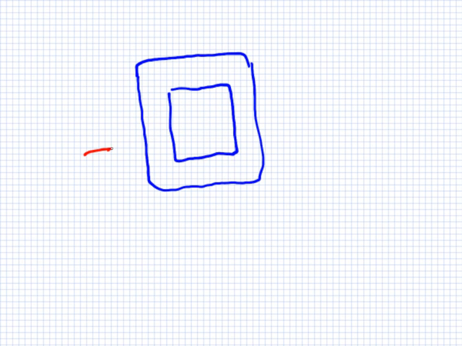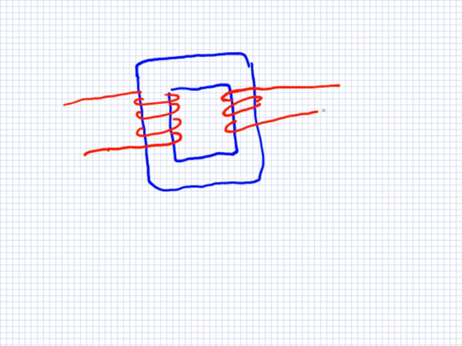Then what we have is a wire wrapped around it. And then on the other side, a wire wrapped around it. There's N1 loops here and N2 loops here, and these are different. They'd be pointless if it was the same.